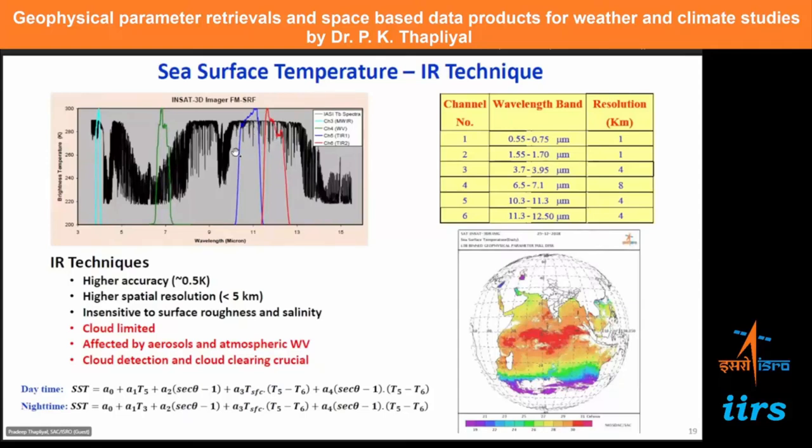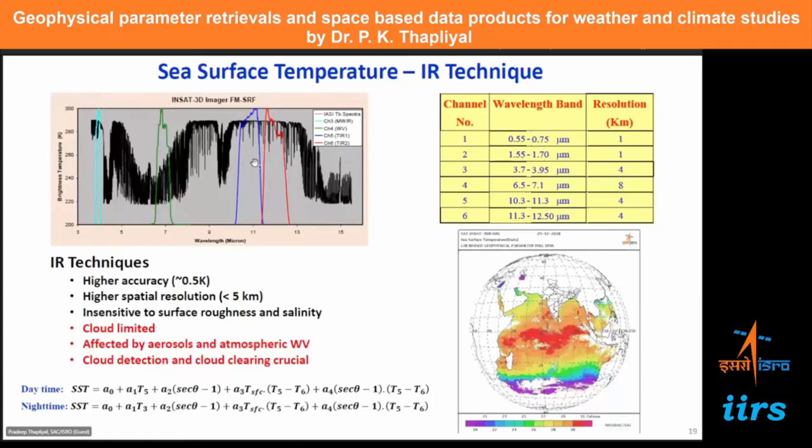Now, if you split this thermal IR into two, 10.5 to 11.5 and 11.5 to 12.5, you make two channels. What will happen? One of the channels will have higher absorption of radiation because of water vapor, and the other will have lower absorption.